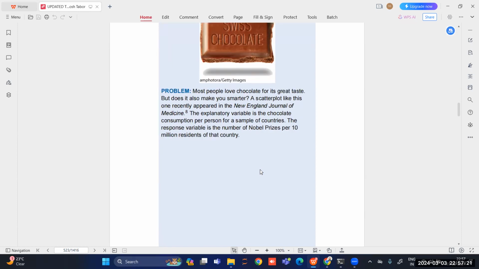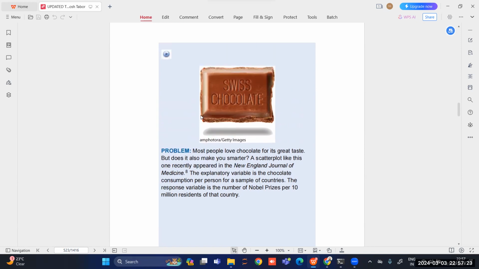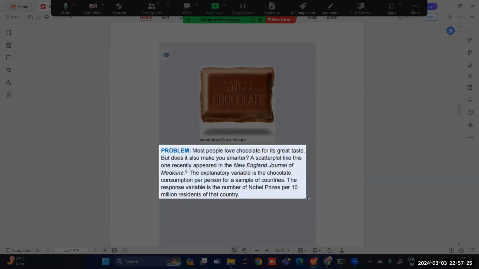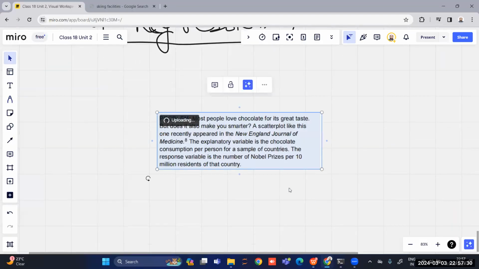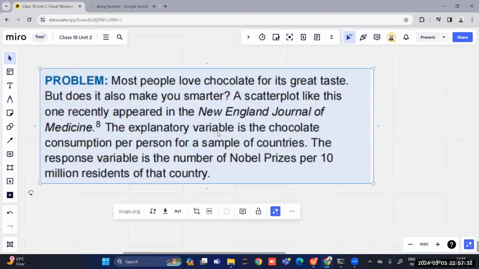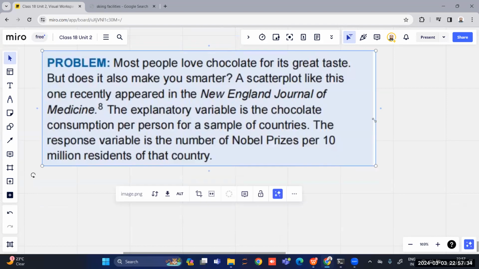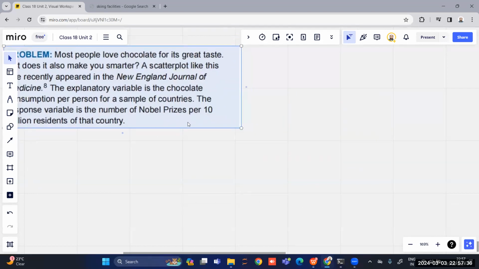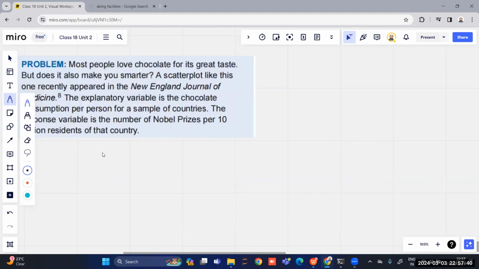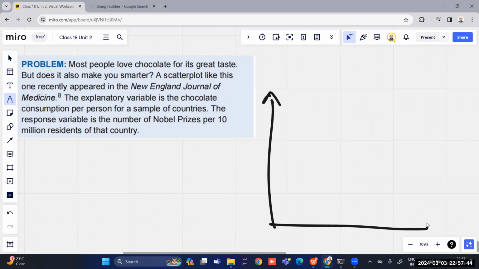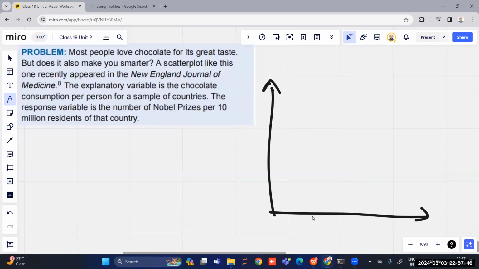So what we are generally seeing is that, I'll take this on the board. Suppose this is X and this is Y. This is chocolate consumption.